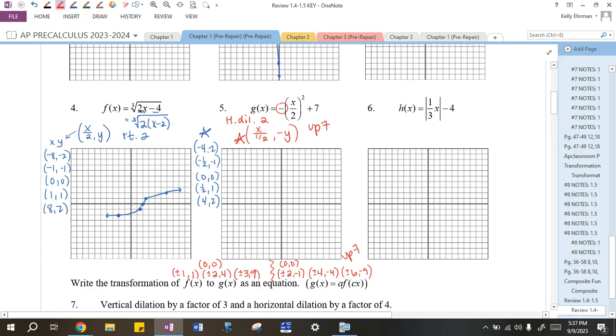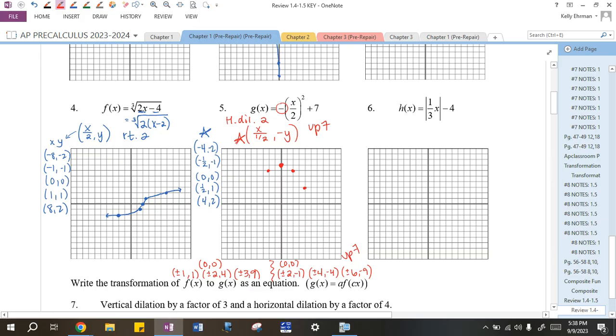So I'm going to start at 0, 0, and I'm going to go up 7. And then I'm just going to start at 2, negative 1 was one of the points, and then I go up 7. And then you can kind of use symmetry so that you're not hovering over a bunch of points, losing track. Okay, and then 4, negative 4 was a point, and then I can go up 7.